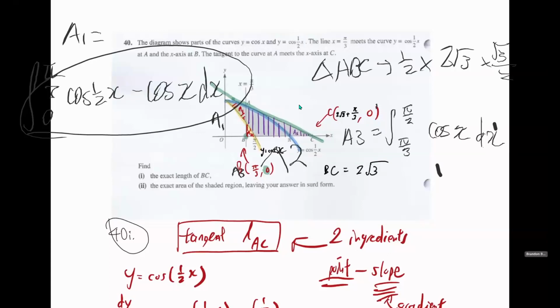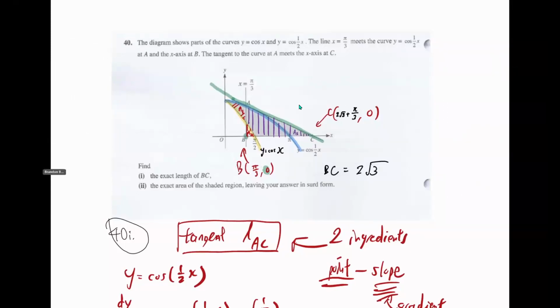Exactly. BC minus A3 plus A1. Yes, exactly. That's it. That's all. Very, very good. Why is math so hard? But you got it. It's just very long-winded.